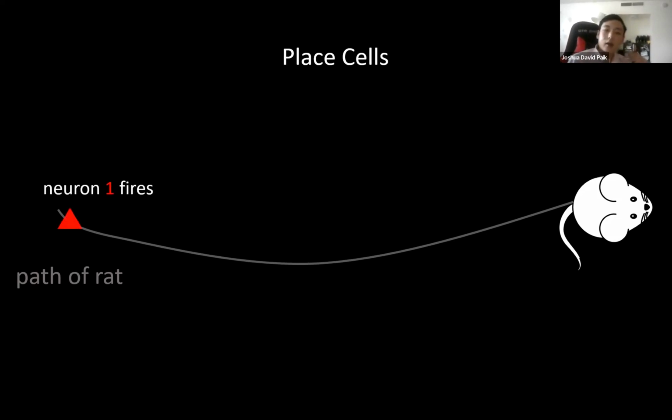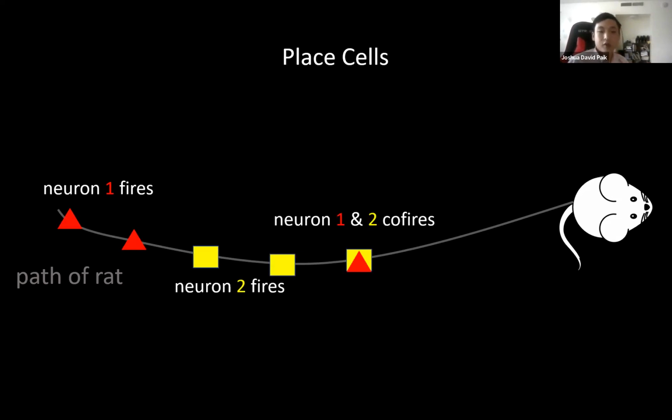Let's say when the rat was in this position, we recorded that neuron 1 fired. As it moves, maybe neuron 2 fires, neuron 1 fires again, and neuron 2 fires again. Maybe neurons 1 and 2 co-fire, maybe they co-fire again, and maybe a third neuron fires.